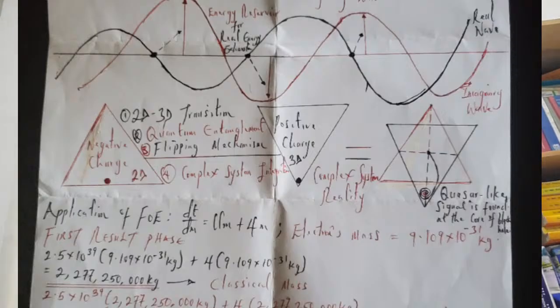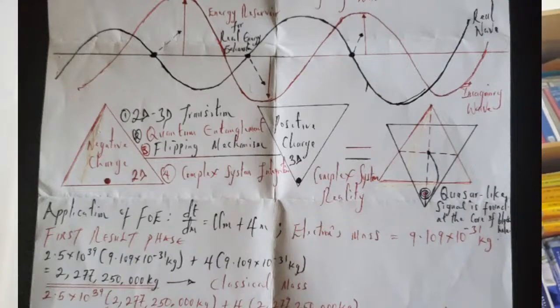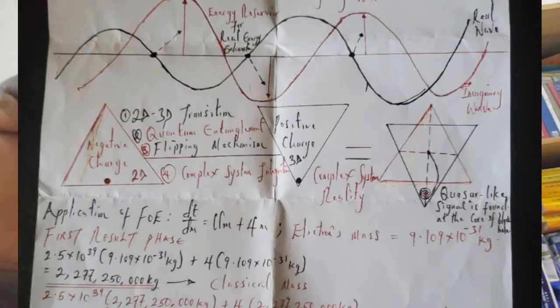So now there are 4 things to consider by having this equilateral triangle system and then the time energy wave model. Number 1, 2D to 3D transition. We have this connection between the substrate, which is 2D in this case, and then the higher dimension, which is 3D.